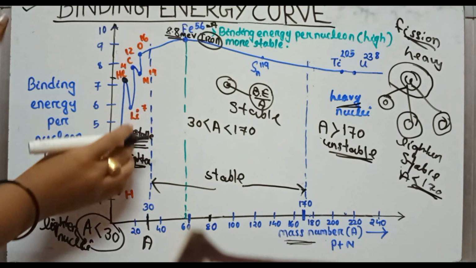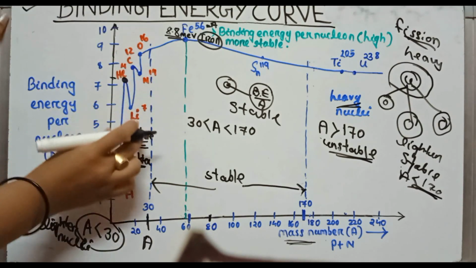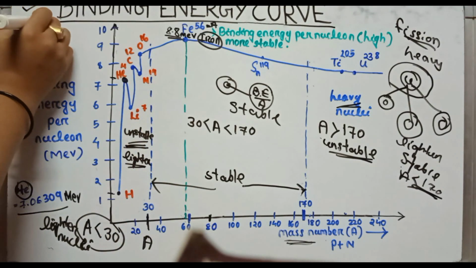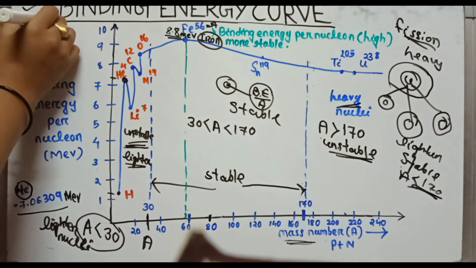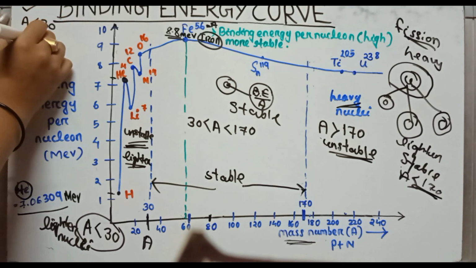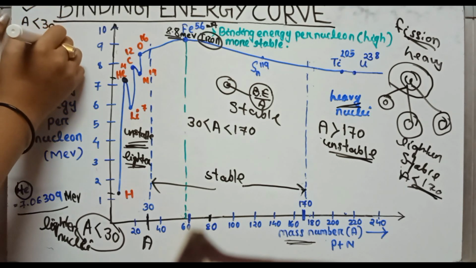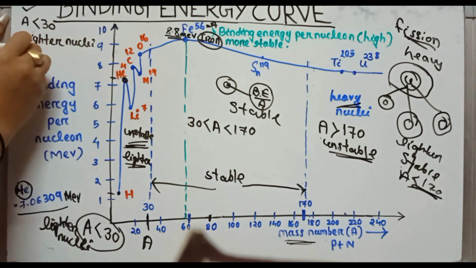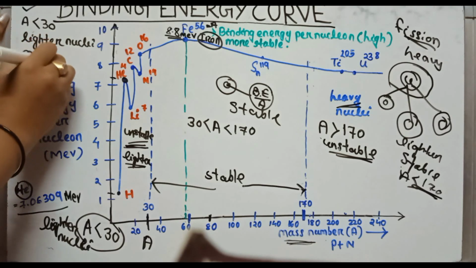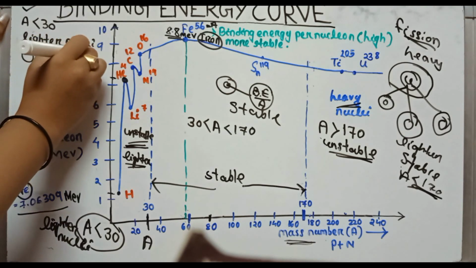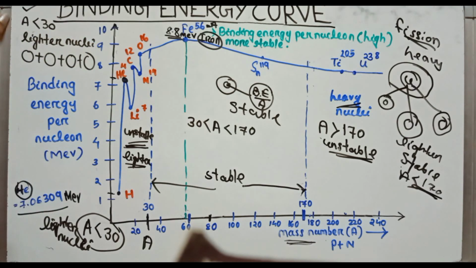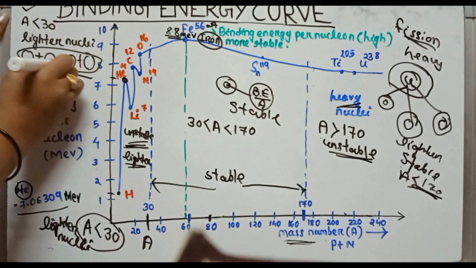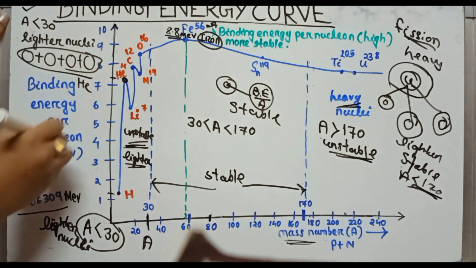Likewise, the lighter nuclei, whose mass number is less than 30, combine. That means 2 or 3 or 4 hydrogen atoms combine and form a helium nucleus.